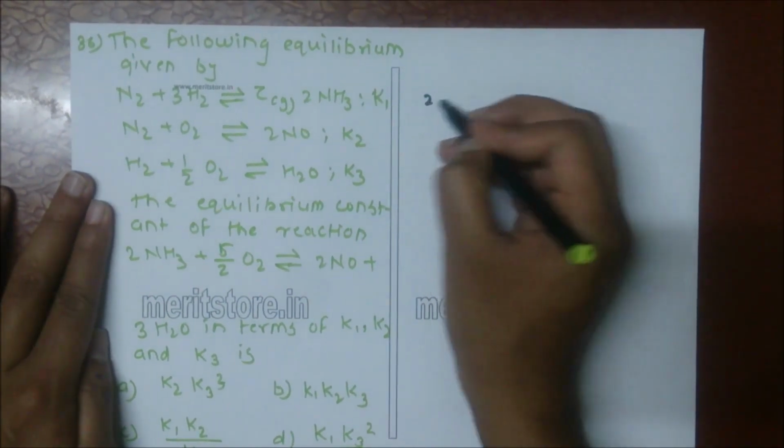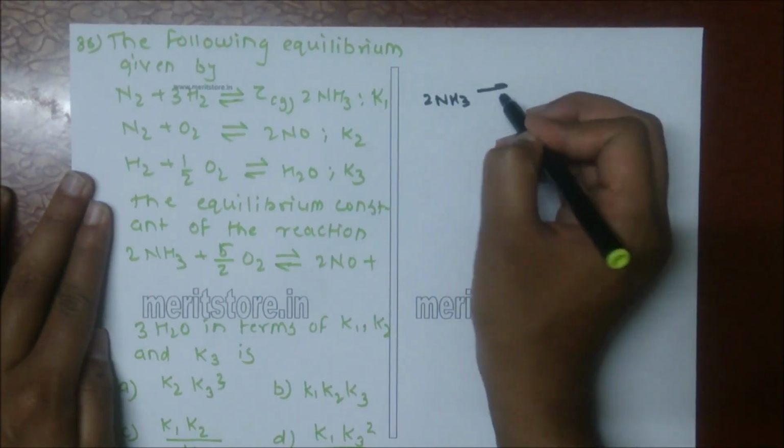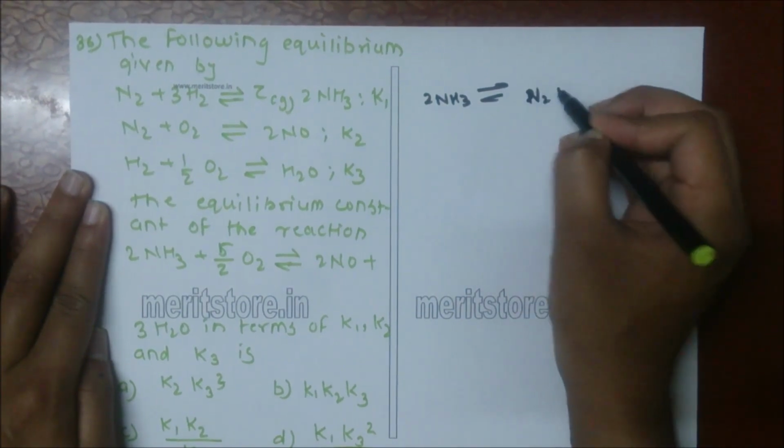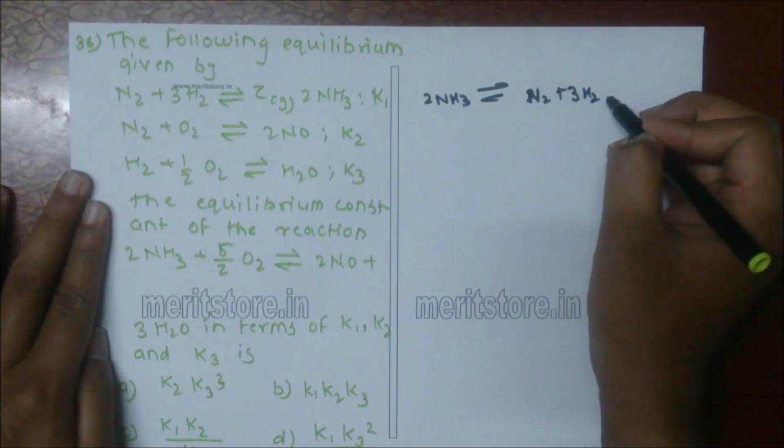So we know that 2 moles of ammonia will give N2 plus 3 hydrogen.